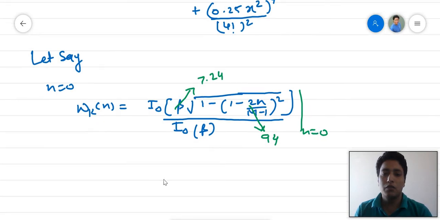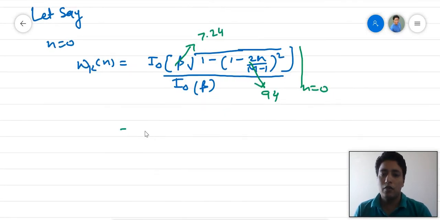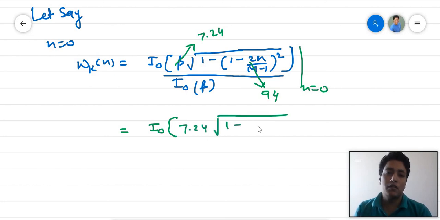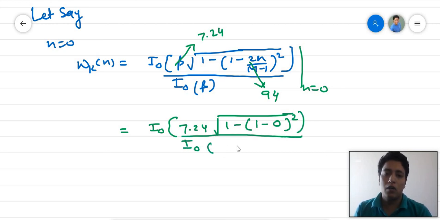Substituting these values will give I naught of 7.24 under root 1 minus 0 square over I naught 7.24.